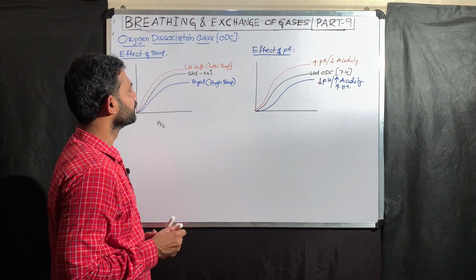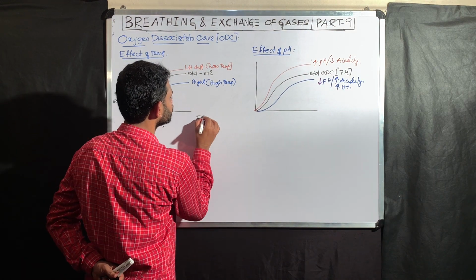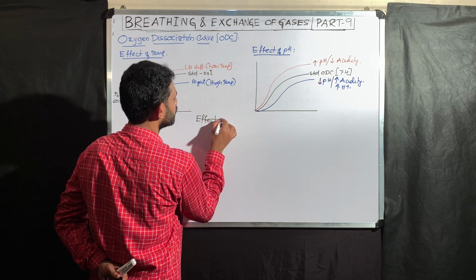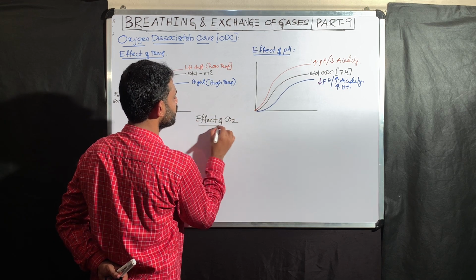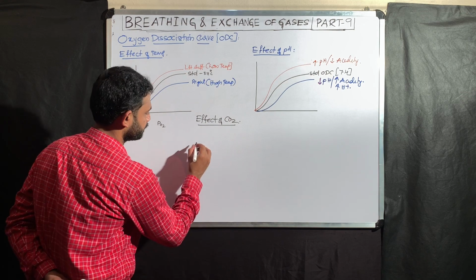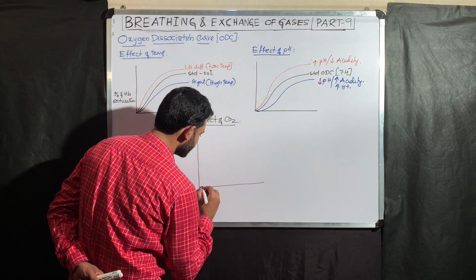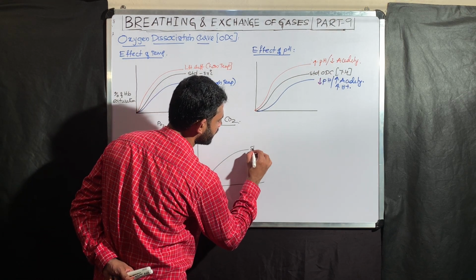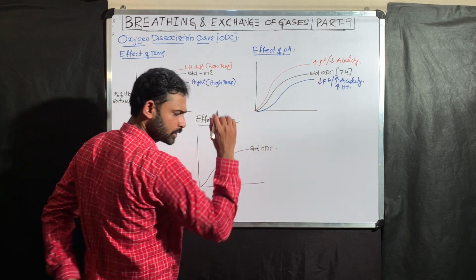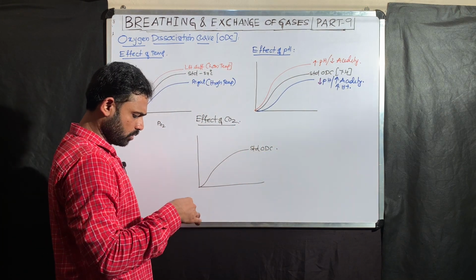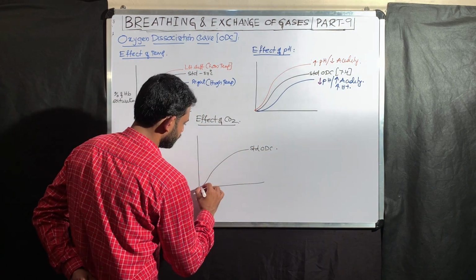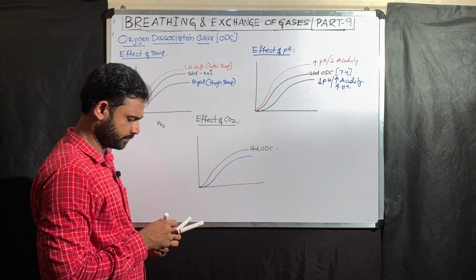Now I am telling you the effect of carbon dioxide, in the same way you will get on the standard ODC. Consider this one as a standard ODC. Now this one is the right shift.